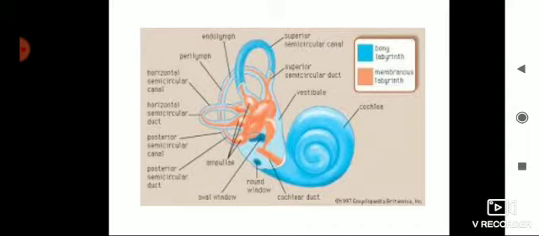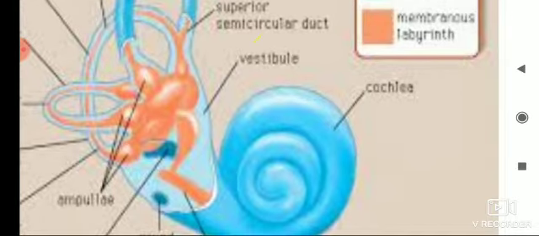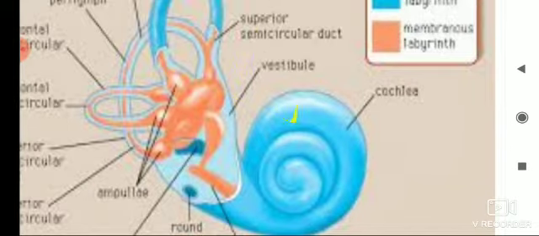Now this picture shows cochlea. Now cochlea, then here you have to remember the word vestibule, then ampulla, then semicircular canals.